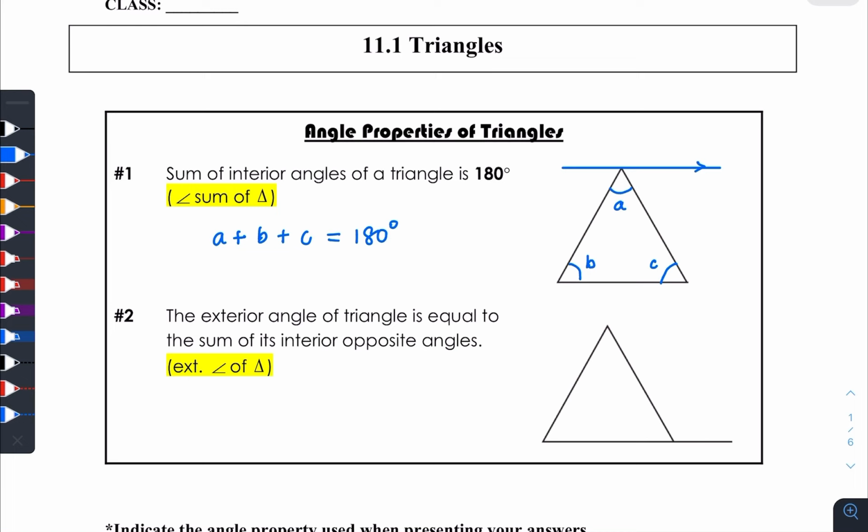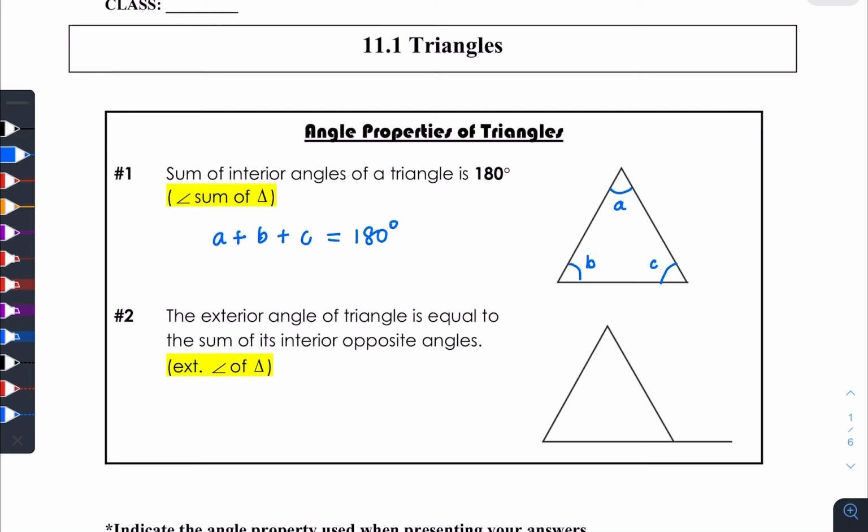Okay? Now, whenever we do questions involving angles and geometry, most of the time we have to write down reasons, right?